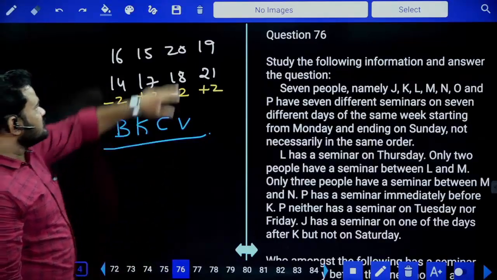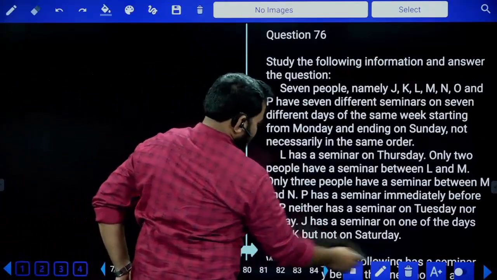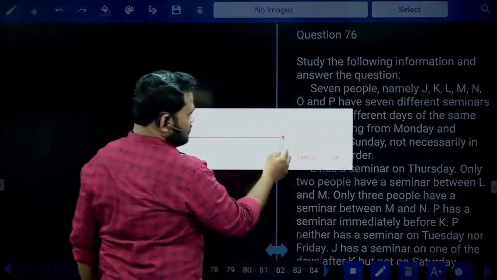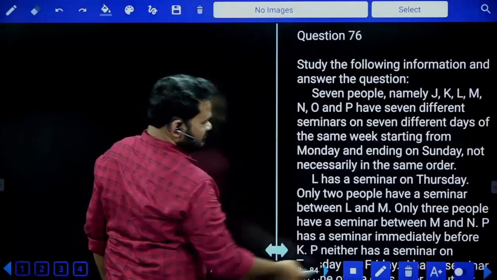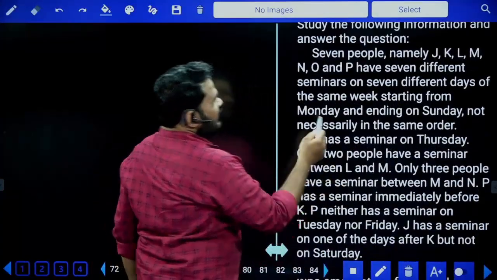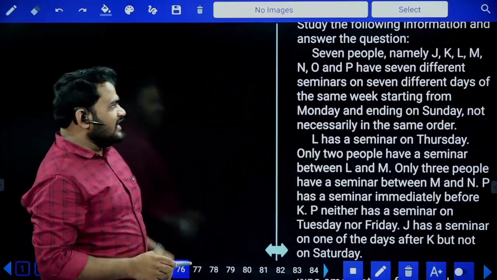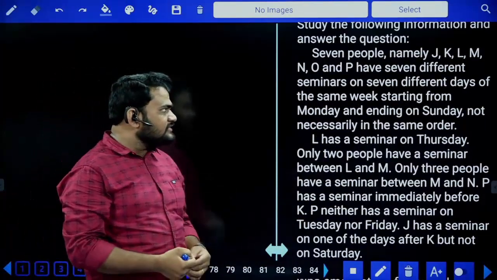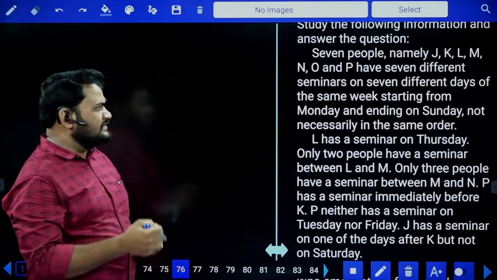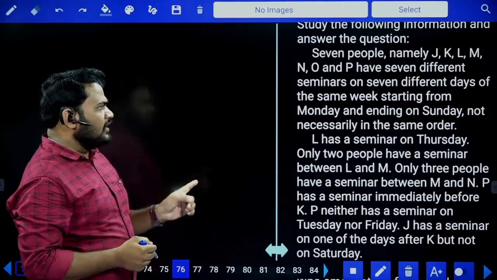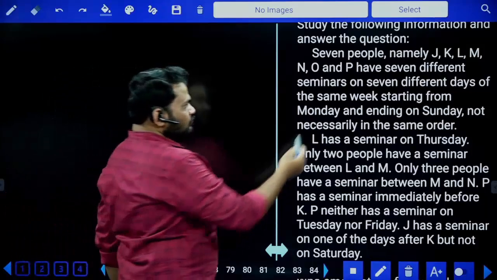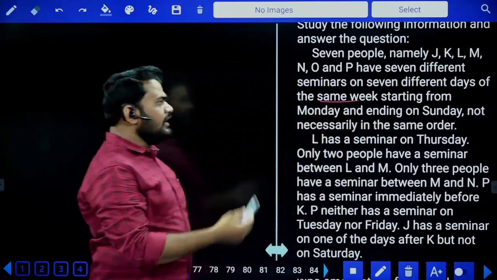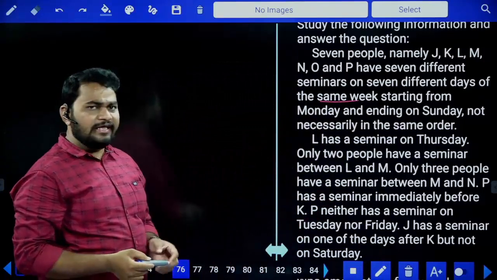Next, 76. So we have 7 people, namely J, K, L, M, N, O and P, who have 7 different seminars on 7 different days of the same week, starting from Monday and ending on Sunday, not necessarily in the same order.